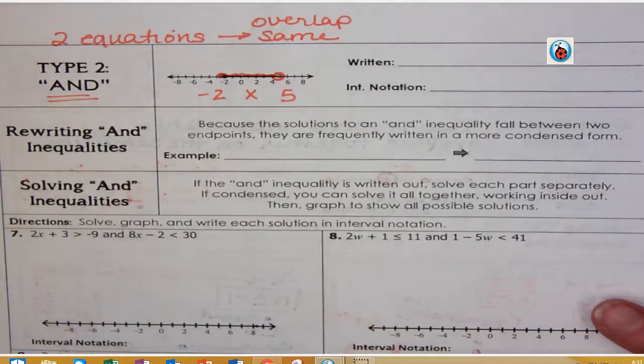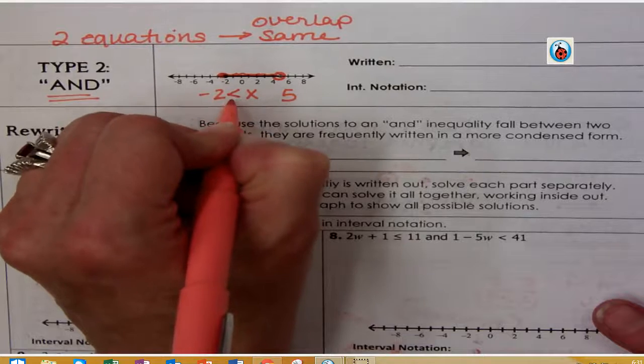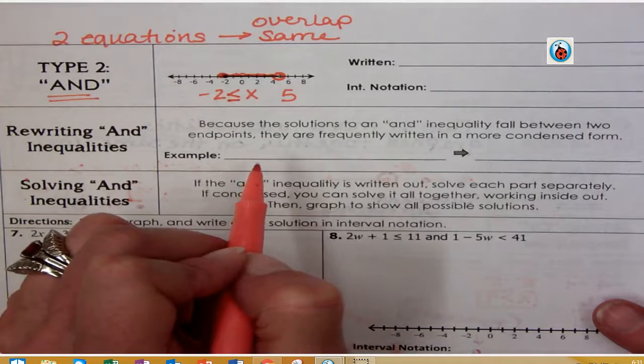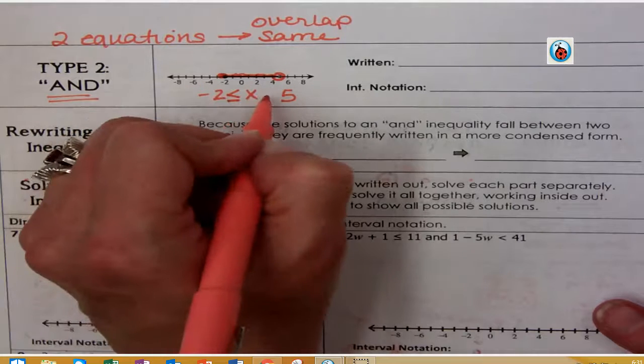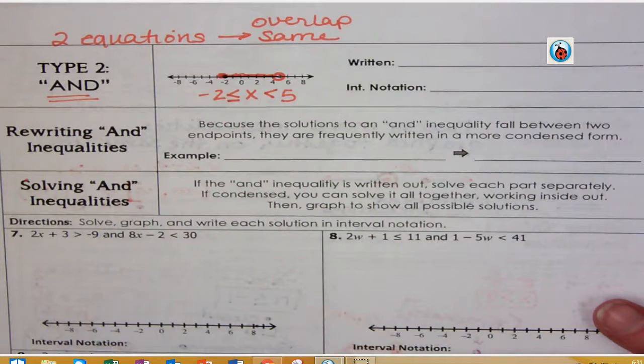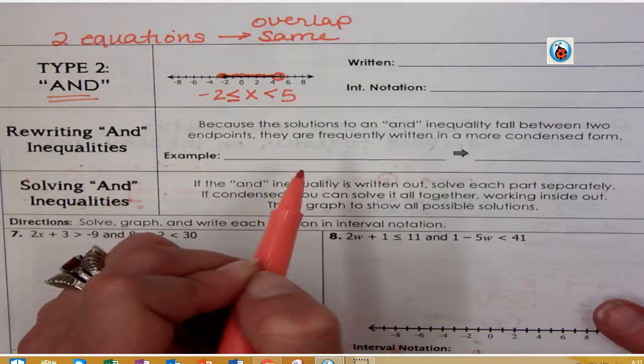So all the numbers in between there. So X can be any number that is greater than or equal to -2 and less than 5. So we're talking about just a small bit of numbers.